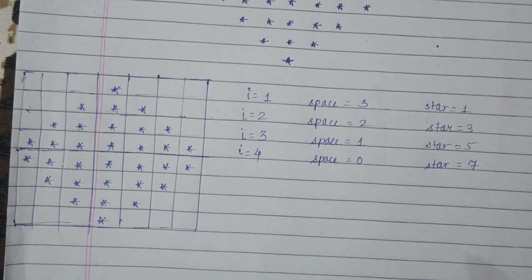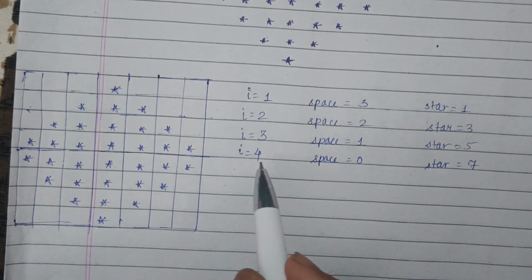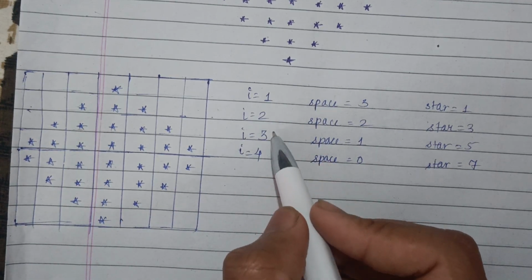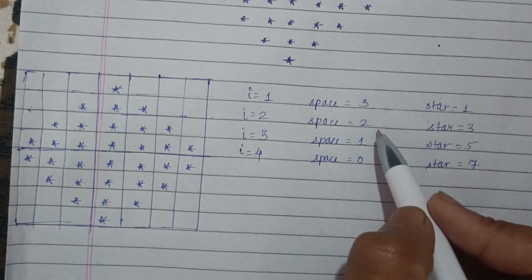Then the relation between spaces and the row is, as the row increases, means as the i increases, the spaces are decreasing.